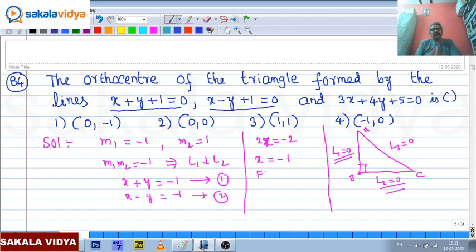From equation 1, -1 plus y equals -1, so y equals 0. Therefore, the orthocenter H is (-1, 0). The fourth option is the right option.